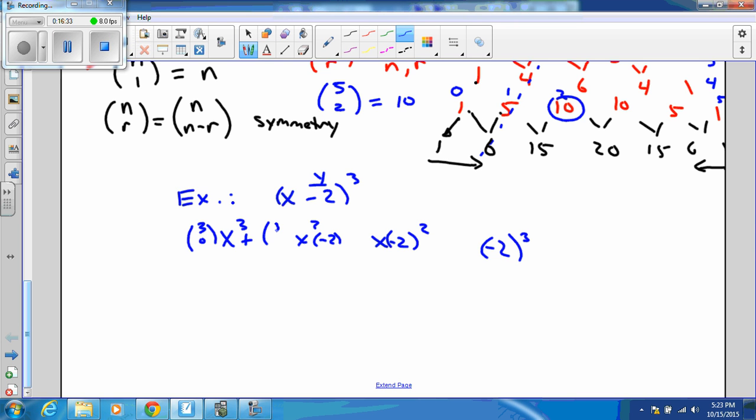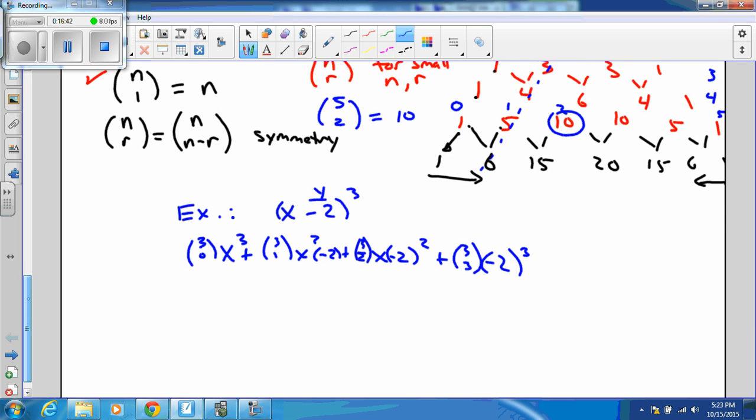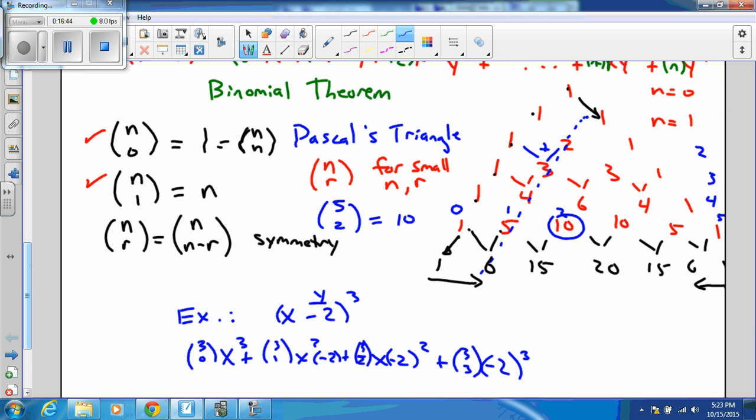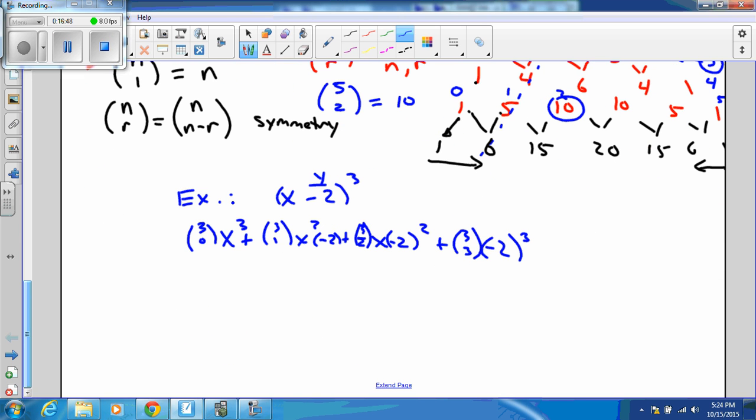And then our coefficients are going to be 3 choose 0, 3 choose 1, 3 choose 2, and 3 choose 3. And I can go back to my triangle to row number 3, and I can read the choose numbers directly off that triangle.